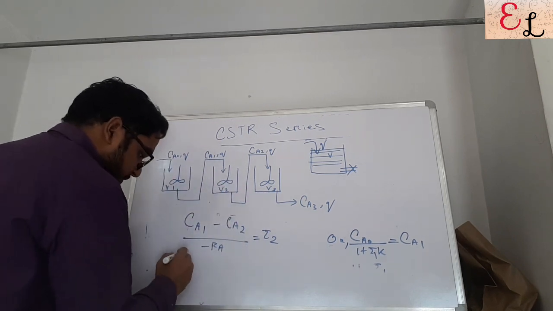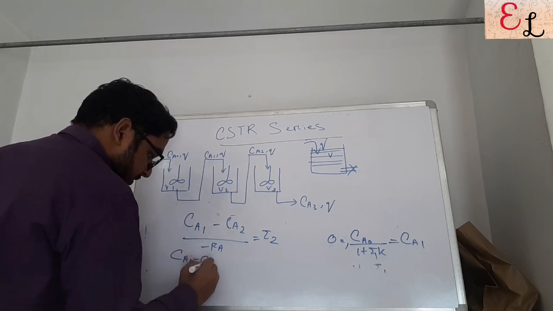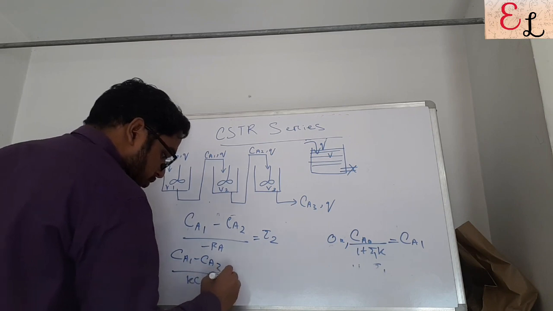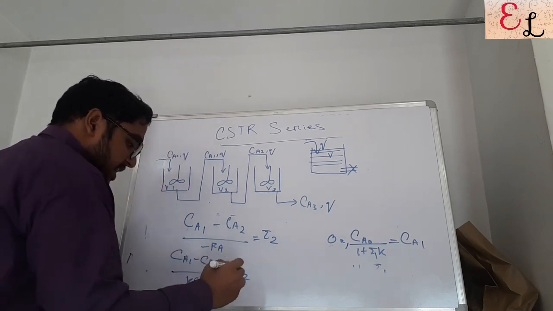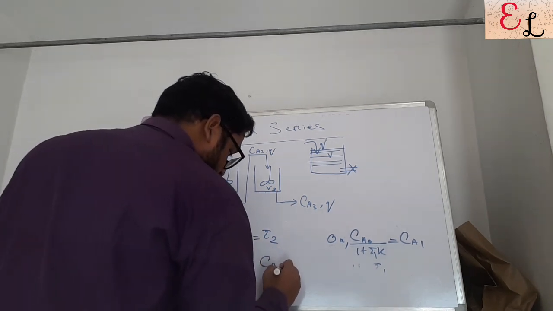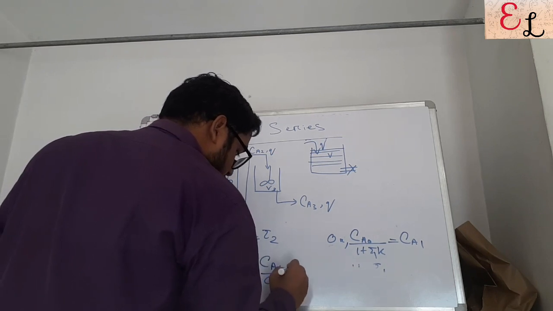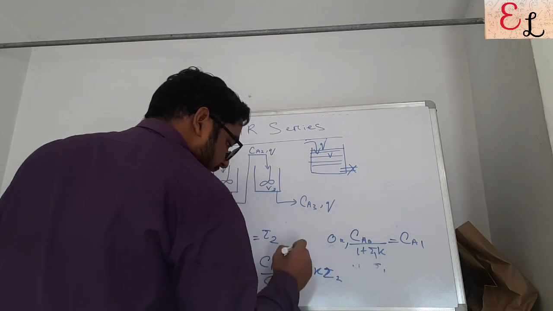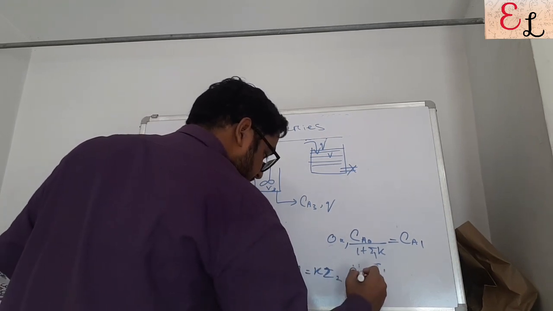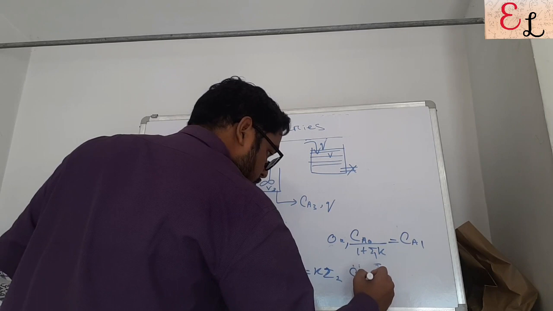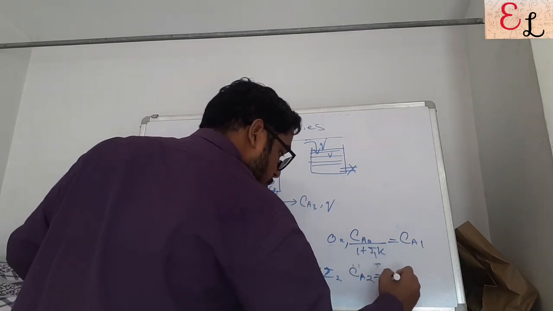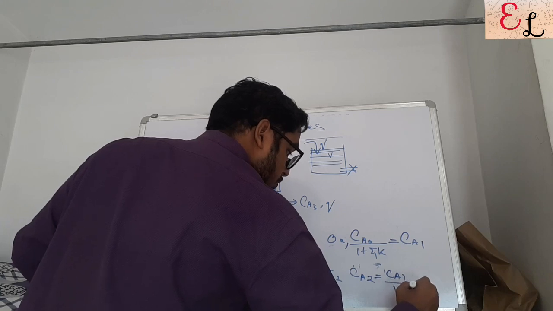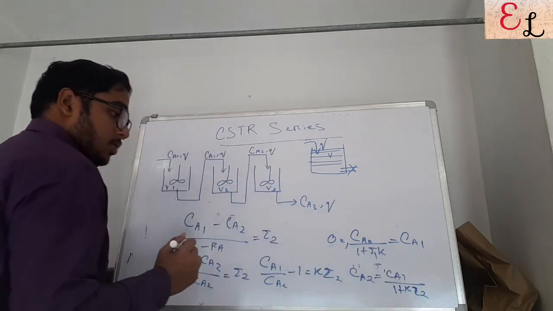So again, CA1 minus CA2 by KCA2 equals tau 2, so CA1 by CA2 minus 1 equals K tau 2. So CA2 is nothing but CA1 by 1 plus K tau 2.